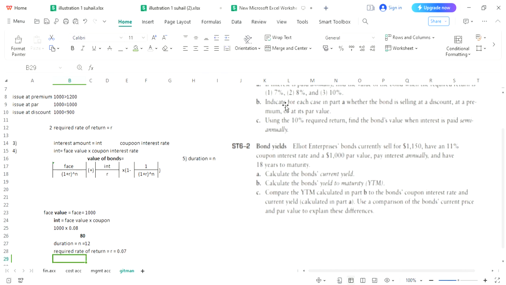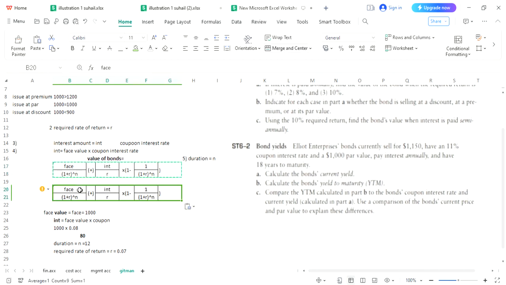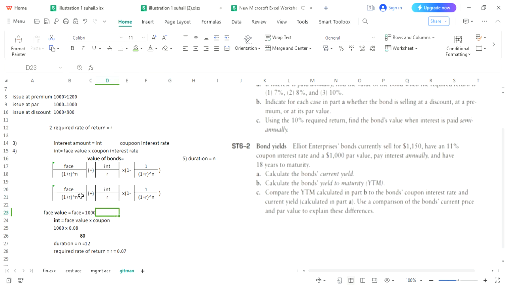Alright guys, every part of this question, every input of this question we have written. It's time to put these values in our formula. Again, we will use the same formula, same pattern, same procedure to write down the values. So what we will do, we will erase the formula written in English and we'll put the values. The very first thing is face value. How much face value can you see over here?